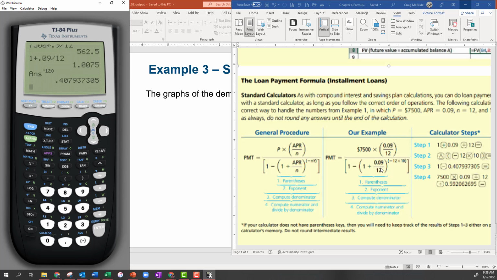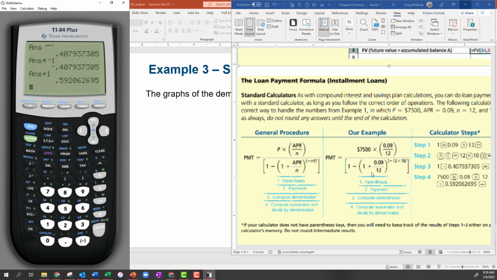So that's that bit. And then you need to do 1 minus that. Well, you could do that minus 1, right? Or you can do times minus 1, enter. So there is a minus. Now we can do plus 1.